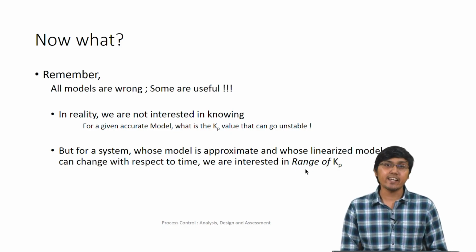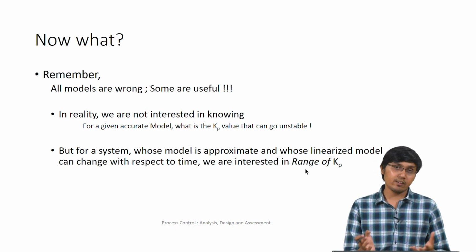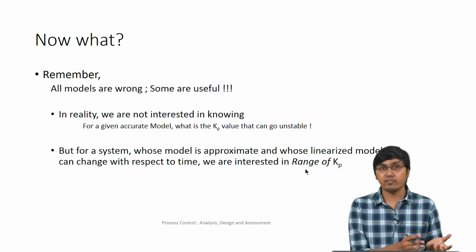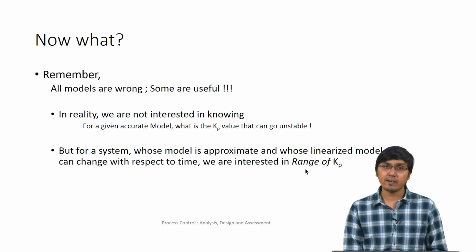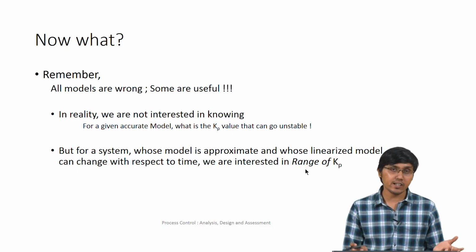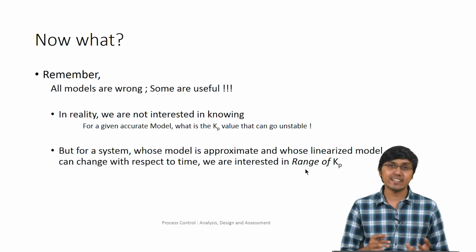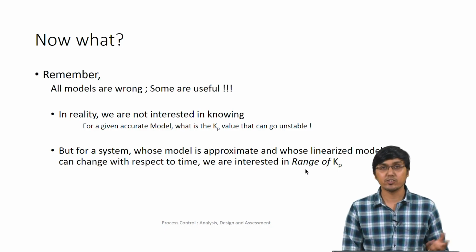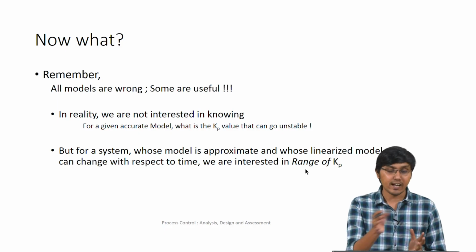But in reality, how useful is all this? Given an accurate model, we can find the exact value of Kp at which the system goes unstable. But we have also seen that all models are approximations. There is a very interesting phrase: all models are wrong, some are useful. So we are looking at useful approximations of a system as a model.